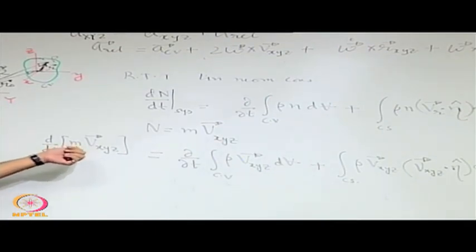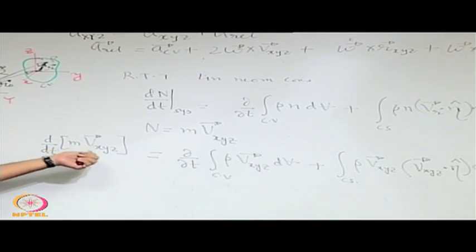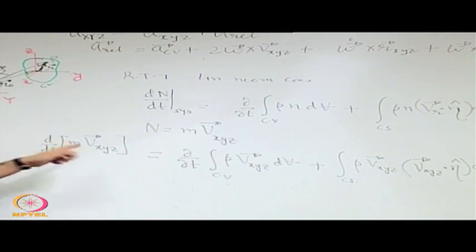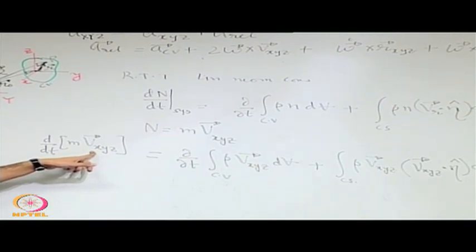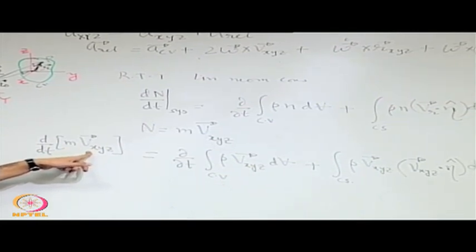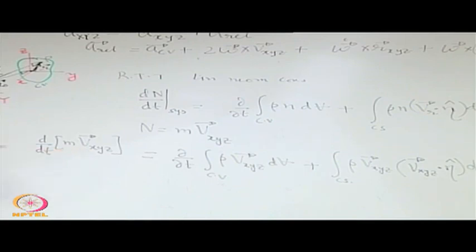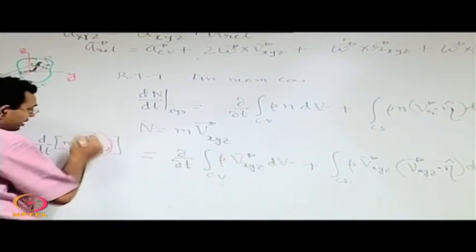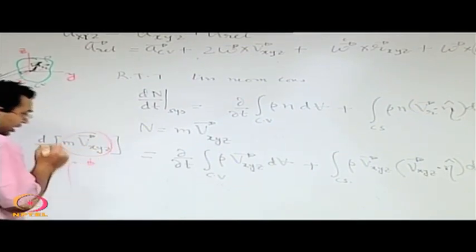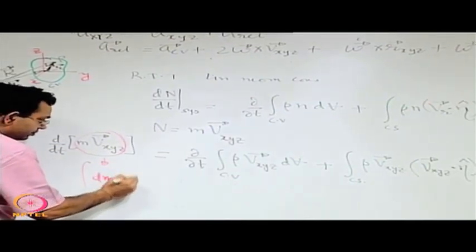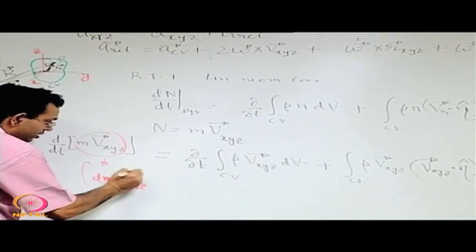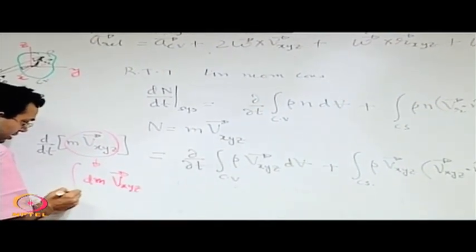If we write that as mass of the system times this velocity, we are implicitly assuming that the entire mass of the system is having this velocity, which is not correct, because fluid is a deformable medium, and in general you can have different velocities at different points. So it is not appropriate to write it in this way, but write it as an integral form, like integral of dm V small xyz over the system.